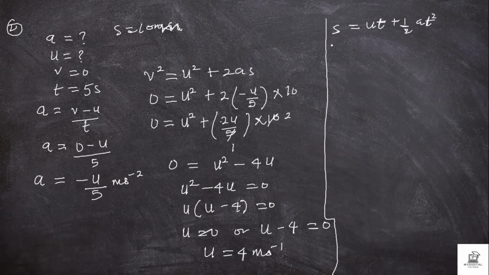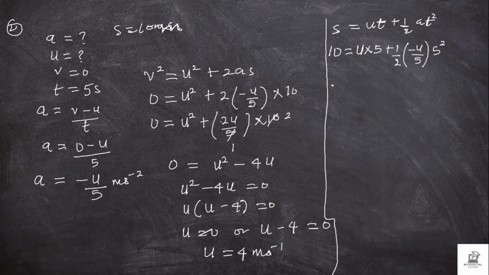So here, S is 10, equal to U multiplied by T, which is 5, plus 1 over 2 into bracket A, which is minus U over 5, then multiplied by 5 squared, that is T squared.